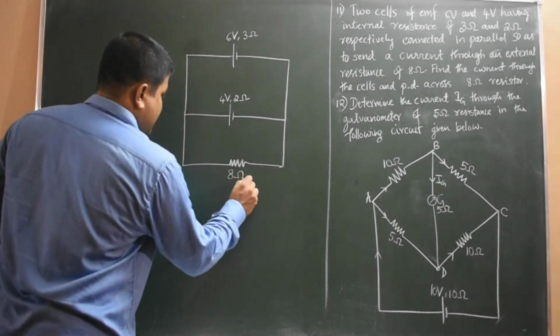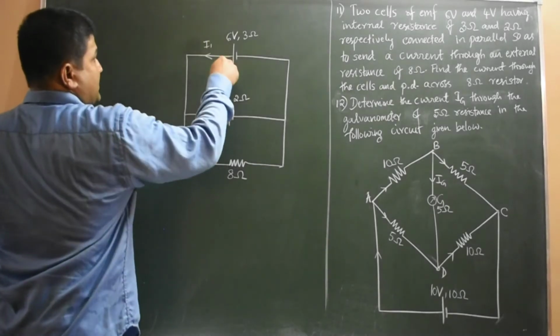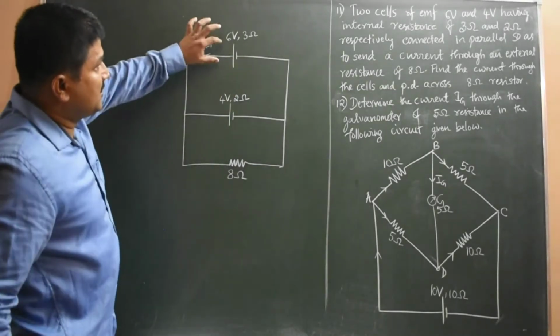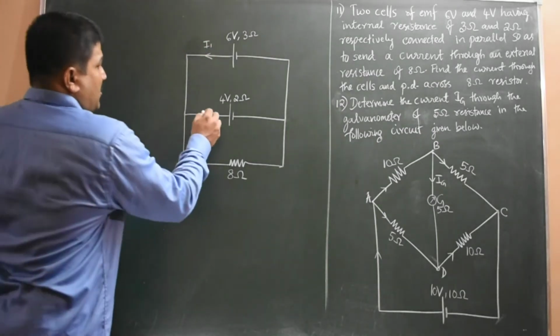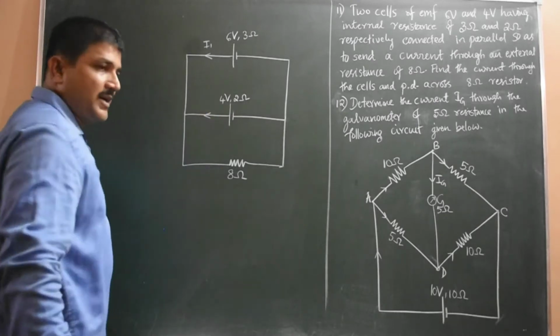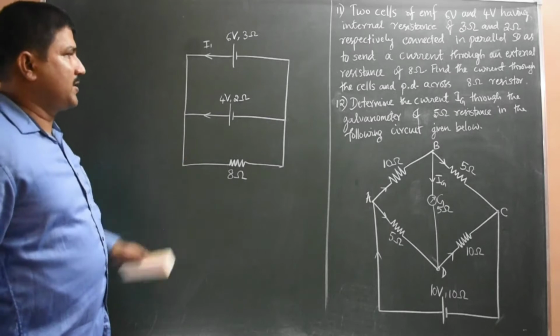Now the question is to find the current drawn from each cell. Let the current drawn from the first cell be I1 and the current drawn from the second cell be I2. Normally we take the current outward from the positive terminal of the battery.